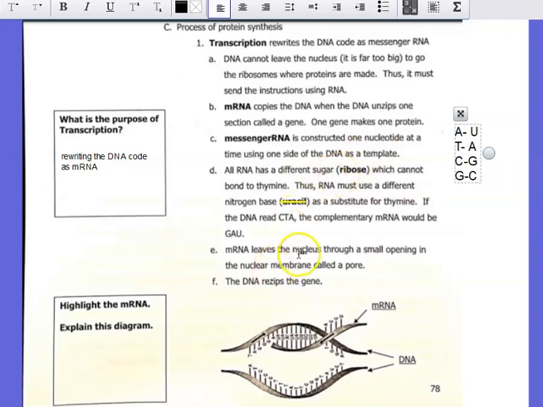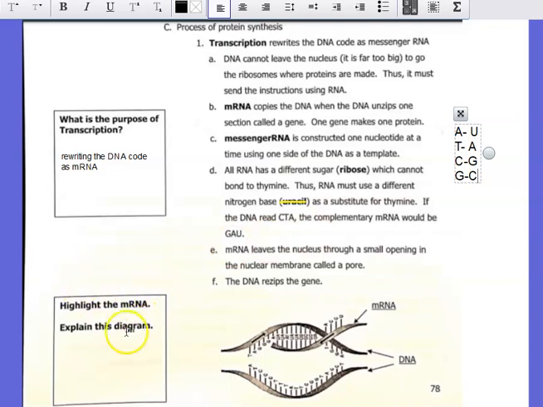Once this mRNA is made, it leaves the nucleus through a small opening called a pore, just like your skin has pores. So again, this is all happening inside the nucleus. DNA is turning into RNA, and that RNA leaves the nucleus, and your DNA will get rezipped by more enzymes.